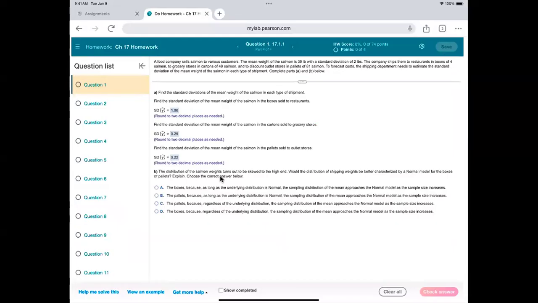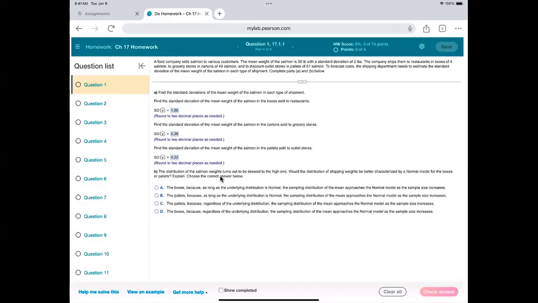So now we know that the parent distribution, or the main population, is skewed. Is that okay? Now they are trying to test you about the distribution of the sample. So which of them would be more normal? When we look at that, remember when we learned about the central limit theorem, we learned that as the sample size increases, the distribution becomes more normal.